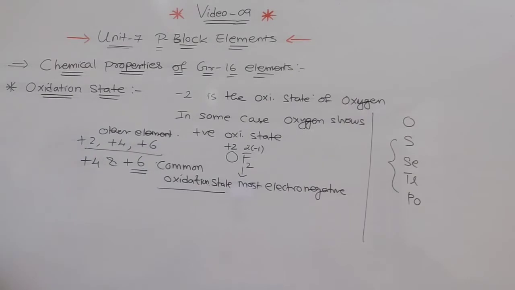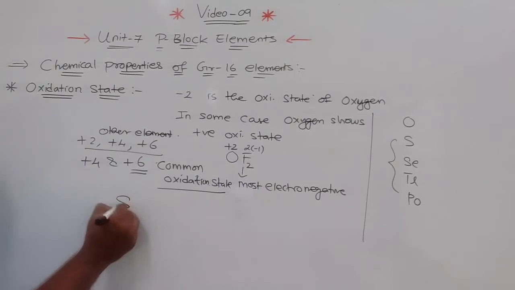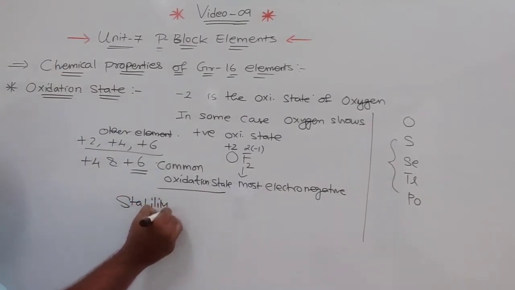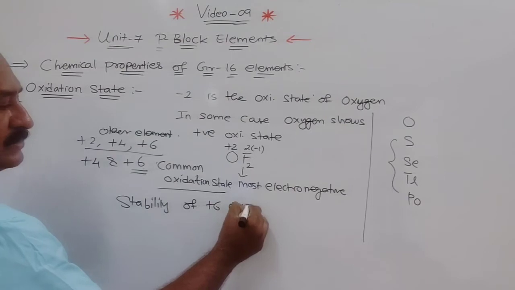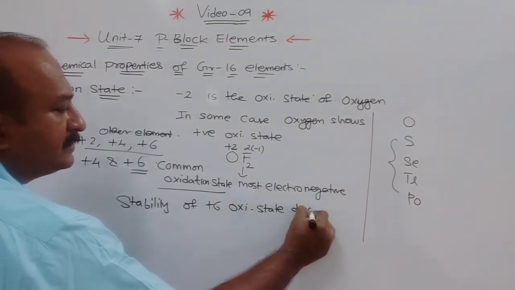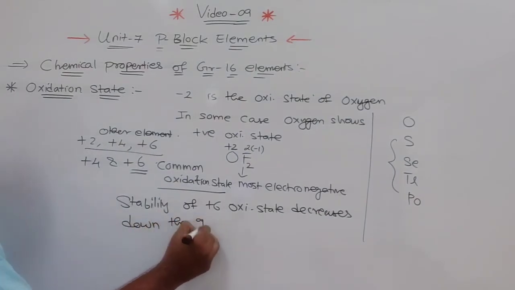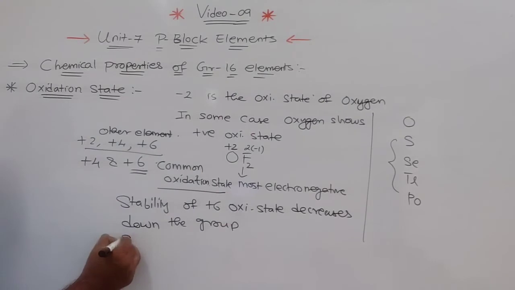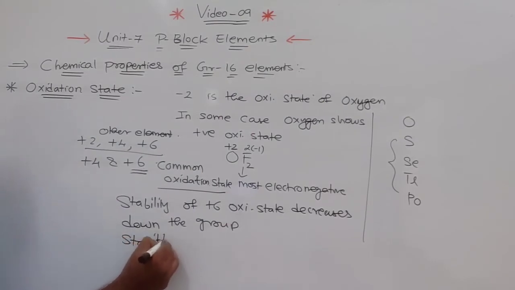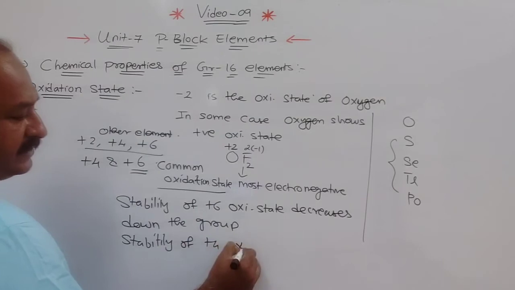Now in your textbook on page 187, another part is also given. The stability of the +6 oxidation state decreases down the group, and the stability of the +4 oxidation state increases down the group. Remember this.